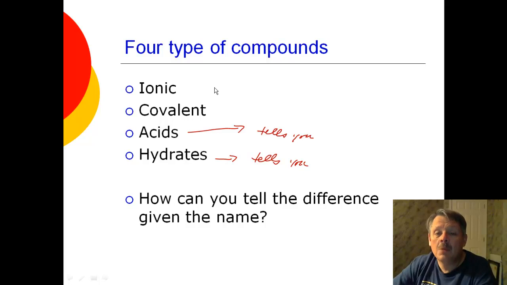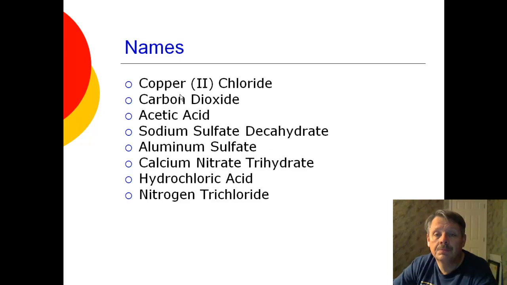How can you tell up here? Well, if it's covalent, it has a prefix before the second word. Always. It always has a prefix. And if there's no prefix, it's got to be ionic, because that's what's left over. Now with these two, you can also tell, because for an ionic one, the first one's a metal, or it's ammonia.